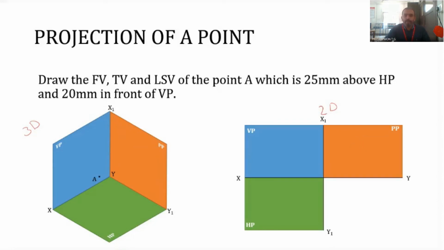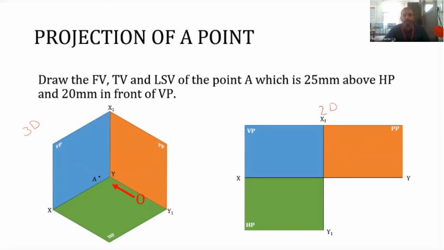Now here is our point A. We consider a point A, because, as mentioned in the question, it should be 25 millimeter above HP and 20 millimeter in front of VP. The distance from the profile plane is not specifically mentioned, so we can consider it to be any distance. This is the direction in which we look to get the front view.